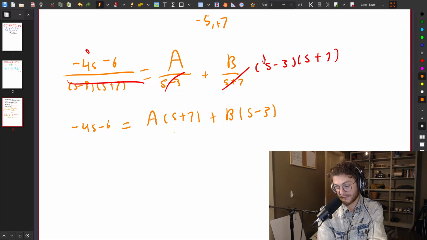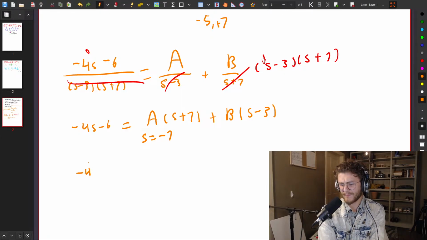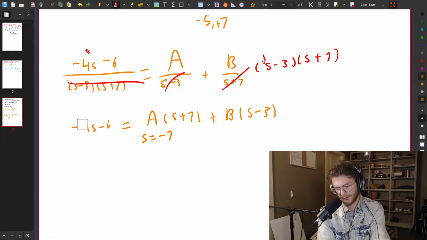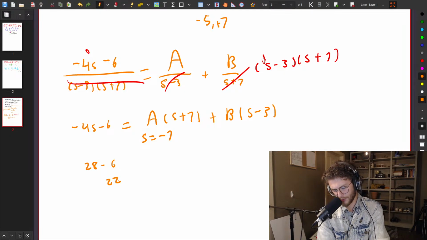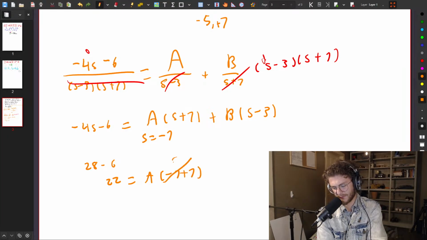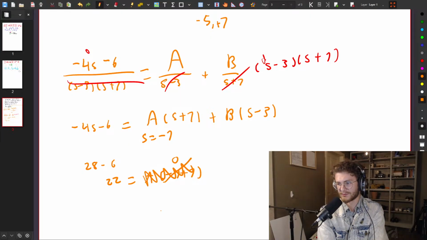So let's start by setting s equals negative 7. So for s equals negative 7, negative 4 times negative 7, well, what's that? That's positive 28, guys. Let's throw that in there. Minus 6, which is our favorite number, it's 22, equals... Well, that's a times negative 7 plus 7. Well, what is that but 0? So this all goes away and dies.